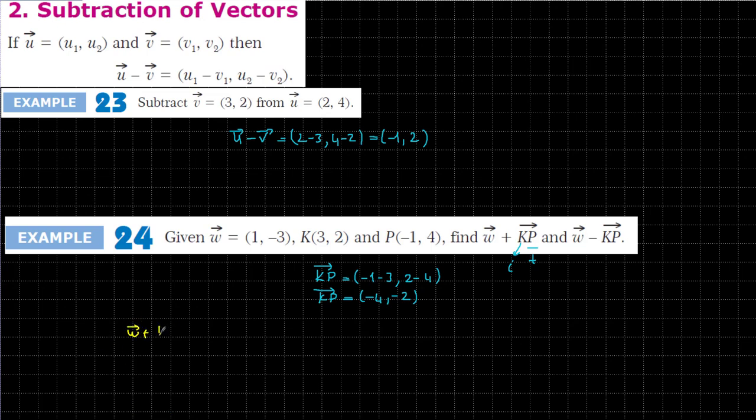W vector plus KP vector is equal to (1, minus 3) plus (minus 4, minus 2), which is equal to (1 plus minus 4, minus 3 plus minus 2), which is equal to (minus 3, minus 5). And W minus KP is going to be homework for us. And this is the end of our video.